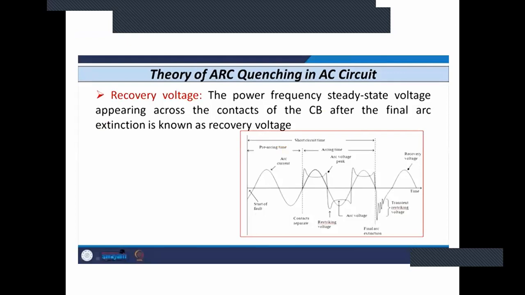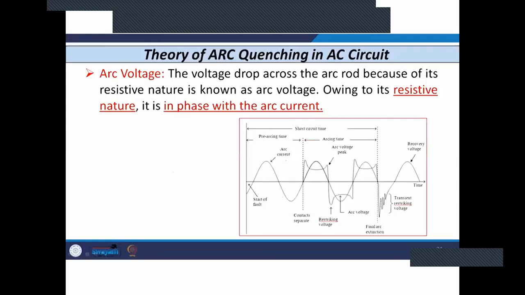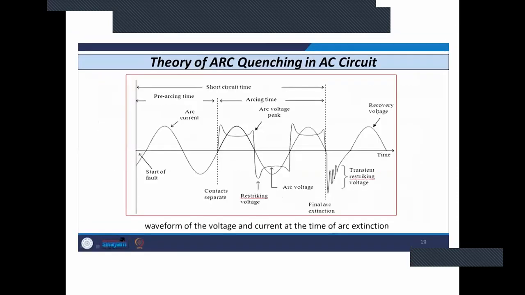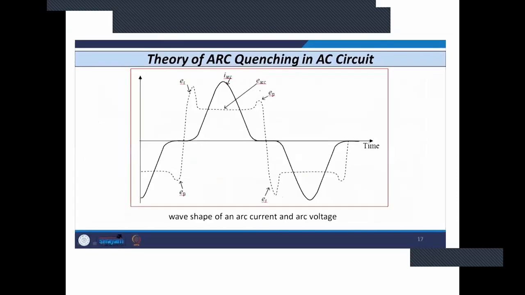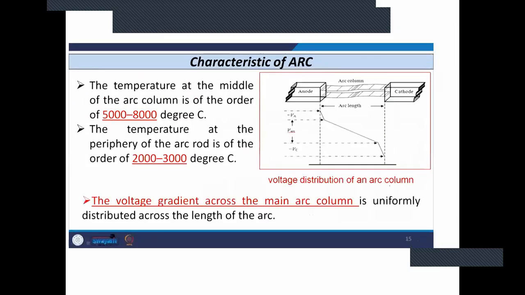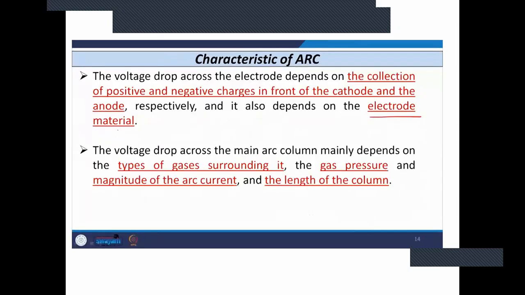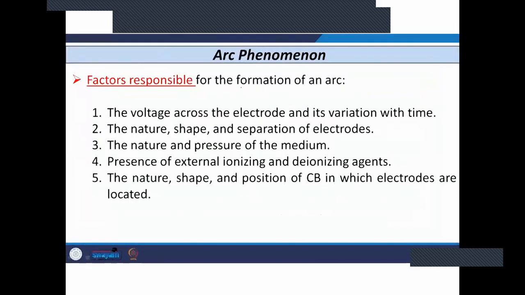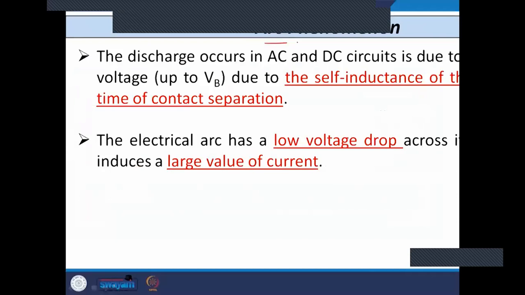So this was all about the circuit breaker. In this, we have discussed the principle of the circuit breaker, and then the arcing phenomena and the factors responsible for the arcing phenomena.